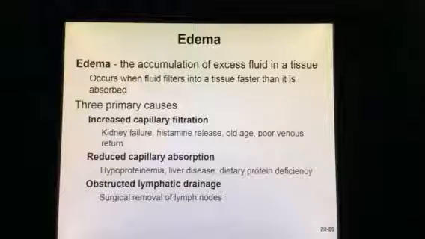We just said that 15% of the fluid goes to the lymphatic system. If that passage is obstructed, then the fluid would build up in the tissue. All of these make sense. If the capillary is filtering more liquid than we would expect, it's going to fill up the tissue. If the capillary is not absorbing as much as we would expect, of course you're going to have a buildup in the tissue. Each of these makes perfect sense.